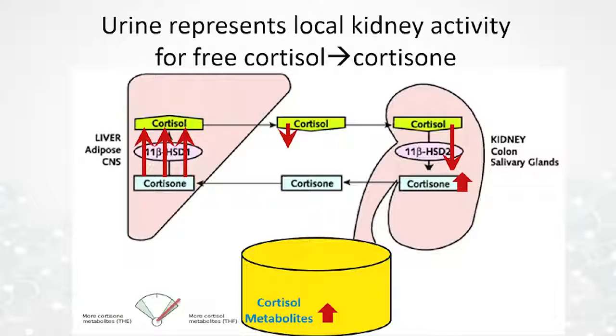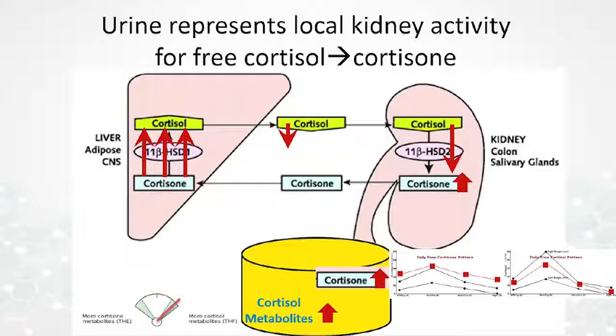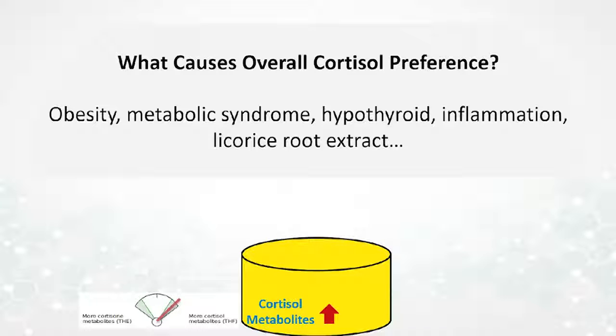So we must have a very heavy reactivation to cortisol, which we see in situations like inflammation. If people are using things like licorice root extract, that actually blocks the deactivation and pushes overall towards cortisol. So that's one situation.